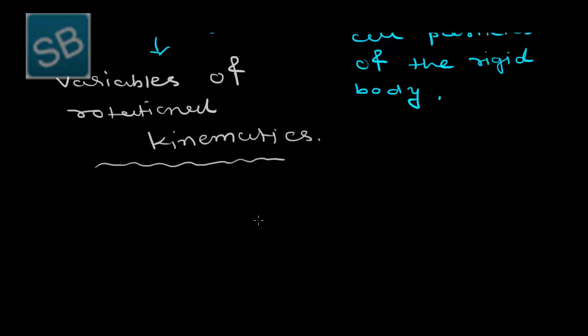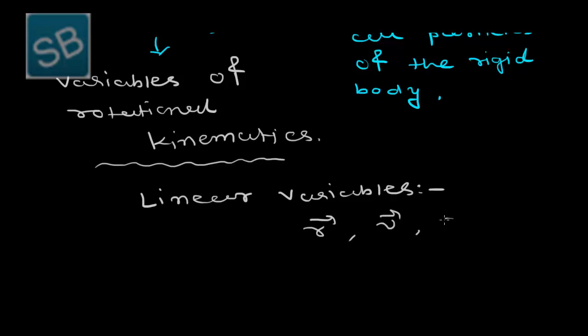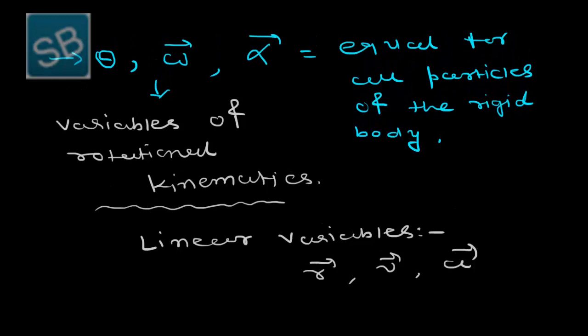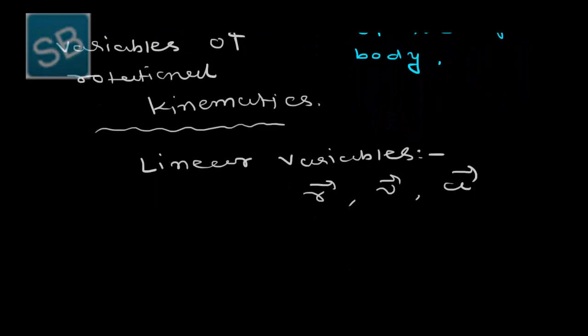Now the description of motion of a particle of a rigid body gives us the information about the linear variables. So what are the linear variables? Means position vector, linear velocity, linear acceleration, and this is also true for the rotational variables theta, omega and alpha.